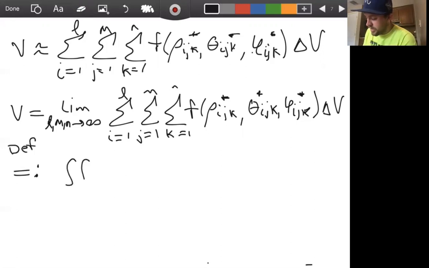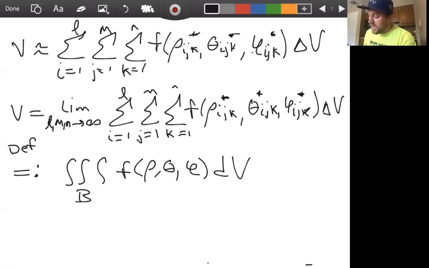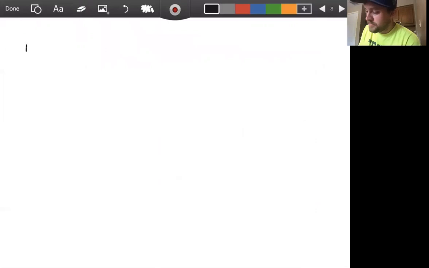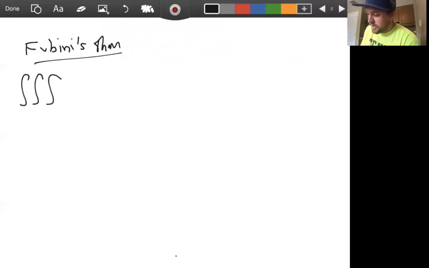And so now we have a definition, and this is the triple integral over this region, or over this spherical box B, of f of rho theta phi dV. And what does Fubini's theorem tell us? Right, we have Fubini's theorem, which says that this triple integral may be expressed as an iterated integral.